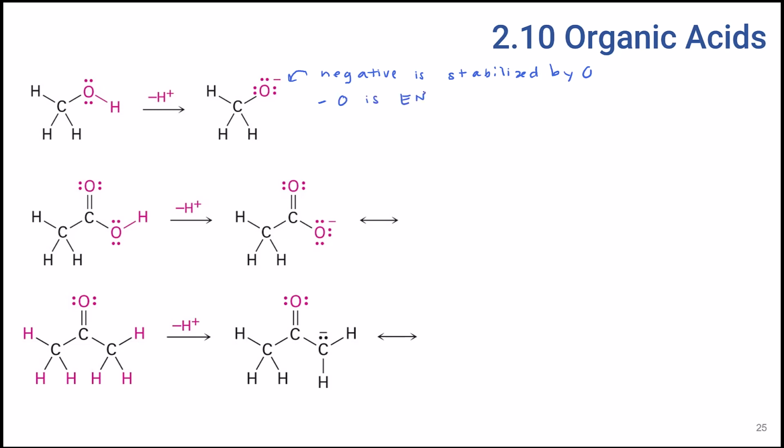So oxygen can handle that negative charge. In the next organic acid here, this is the acetic acid. Once the carboxylic acid loses that proton, we form this carboxylate, which can be resonance stabilized. So these electrons can form here, form a bond there. Or this negative charge here is stabilized by resonance.